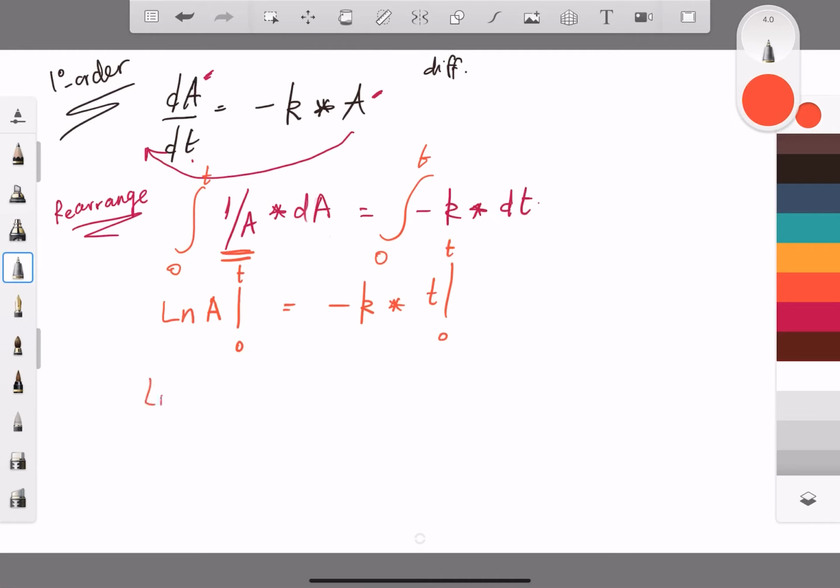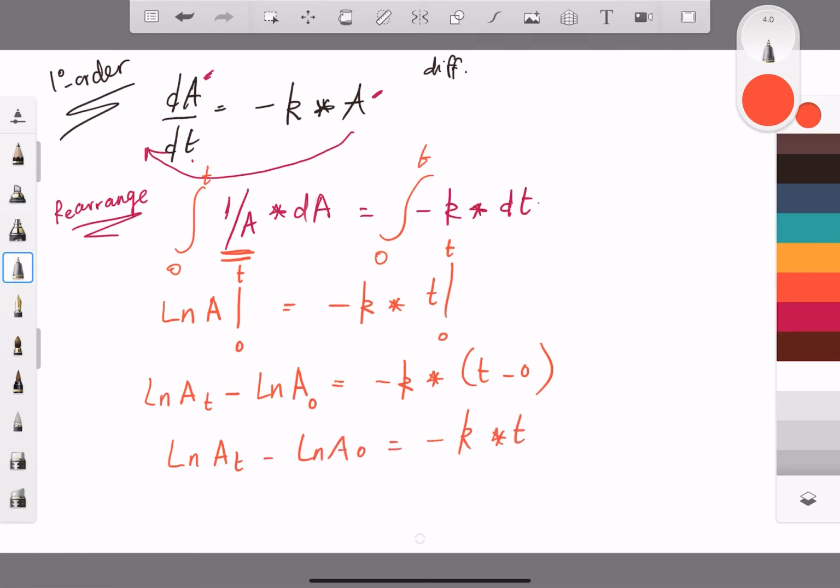If we substitute, ln of the amount at time t minus ln of the initial amount equals minus k multiplied by the time at time t minus 0. So again, this will be ln minus k multiplied by the time.